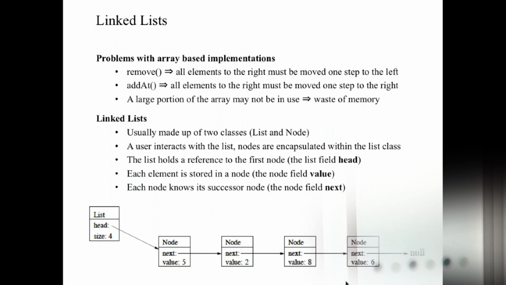In the linked list, as its name suggests, it's a list of elements which are linked with each other. So basically, in the linked list, instead of using an array, we define our own object that can encapsulate a value, and the list only knows the first element in our list.